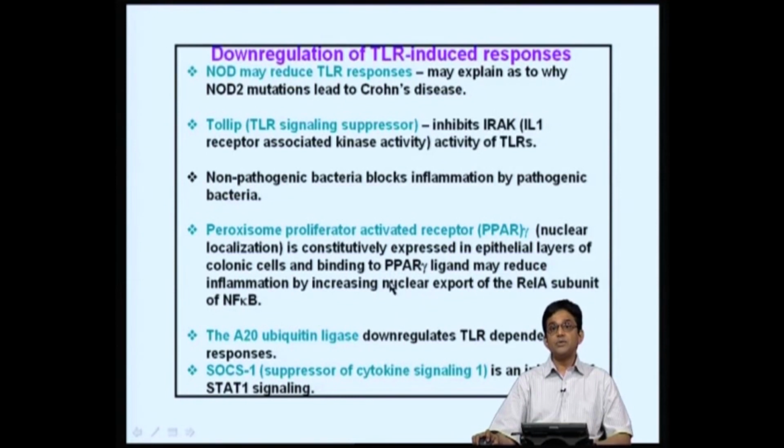And these have some role in inflammation, by increasing nuclear export of the Rel A subunits of NF kappa B. So, NF kappa B goes into the nucleus once it is activated, and what this could be doing is exporting this NF kappa B back into the cytosol, and by increasing the export of this, you are reducing activation. So, there are different mechanisms in place by which down modulation of responses can occur.